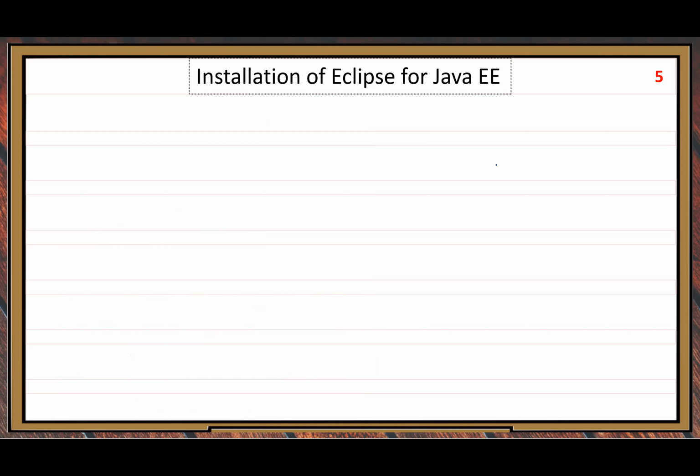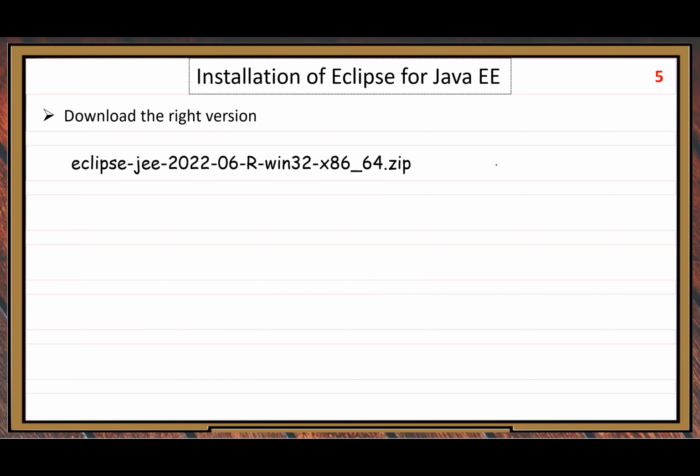Then installation of Eclipse for Java EE. Download the right version. Here I just use Windows as an example. For other versions, you can change to the appropriate version easily. You can find there are 3 links: Windows, Mac, Linux.